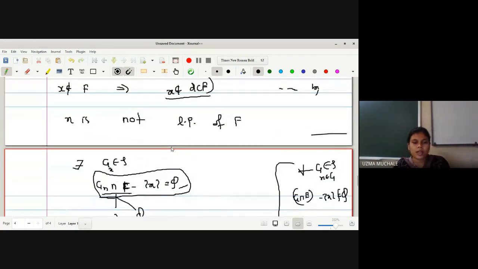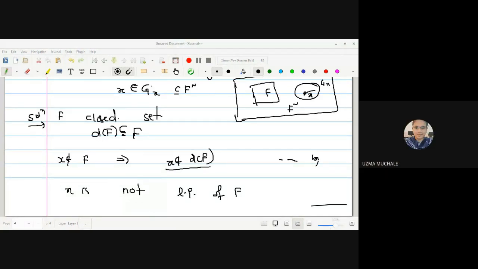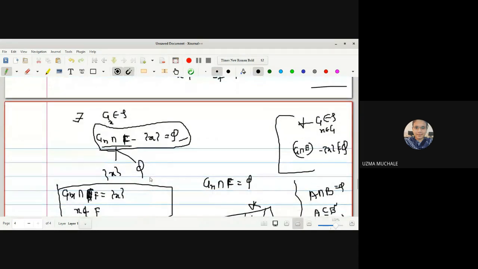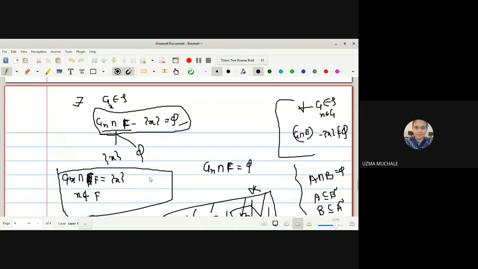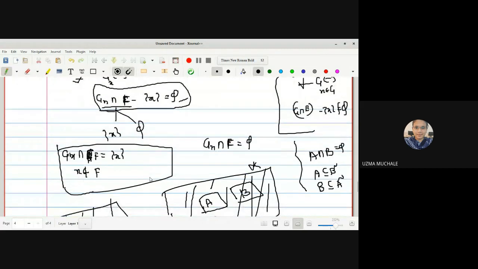First we write the definition of a closed set: the derived set of F is contained in F. And if the derived set of F is contained in F, and X is not a member of F, which is given to us, then if X is not a member of a superset, obviously it is not a member of a subset. So X is not a limit point of F. Using the definition of not a limit point of F, F intersection with the open set minus singleton X is an empty set. There exists an open set G which contains X and satisfies this condition.